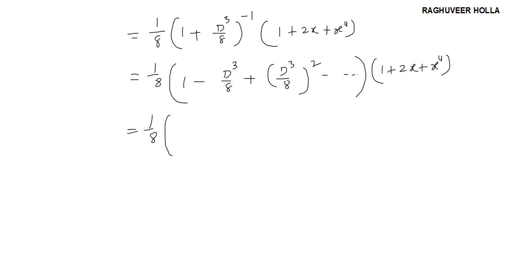So let us multiply the first term with respect to this. That will be 1 plus 2x plus x power 4, and since it is a cube, you get only one term which is left. So let us put that: 1 and minus 1 by 8.